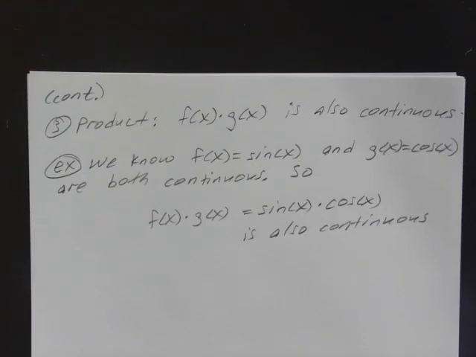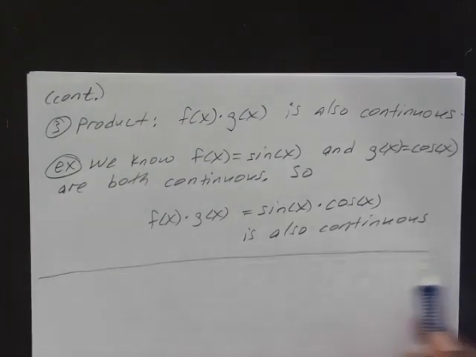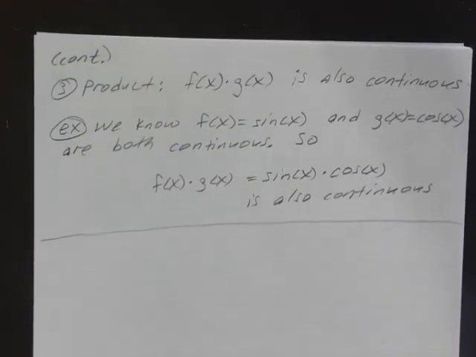Okay, so you can add two continuous functions and still continuous. You can subtract two continuous functions, still continuous. You can multiply them by a real number, still continuous. The only thing you can't guarantee will be continuous is division.